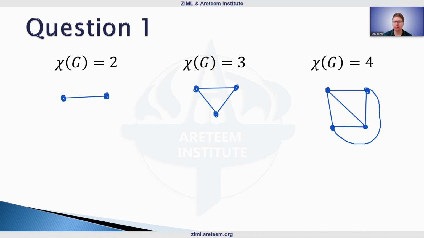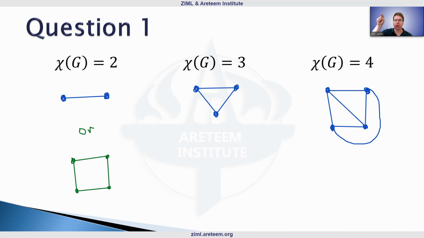Now, I want to point out that these things aren't unique. There's nothing really special about these setups. For example, if we went back to our square, if we just drew the square without the added diagonals, that would be an example of a graph with chi of G is 2.